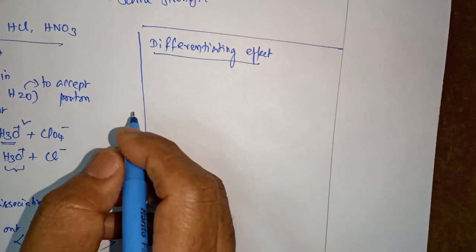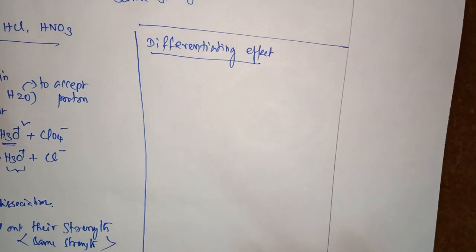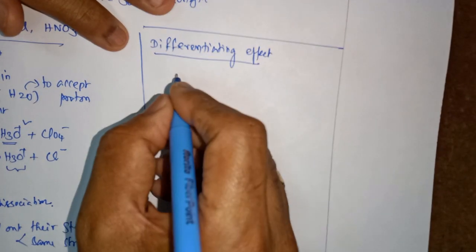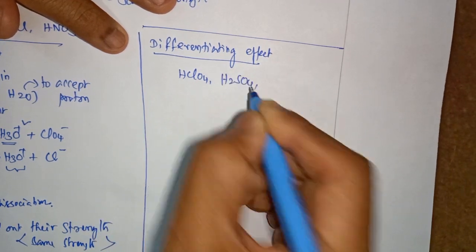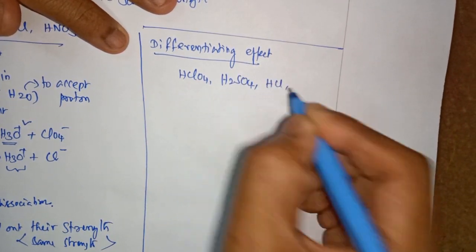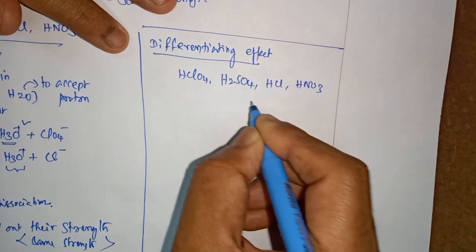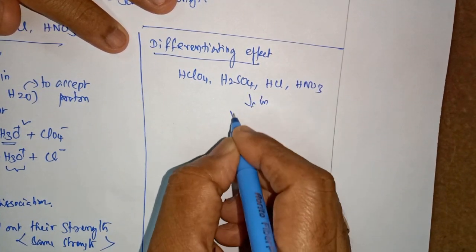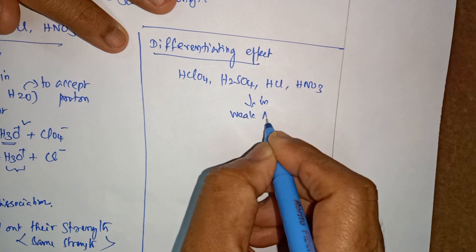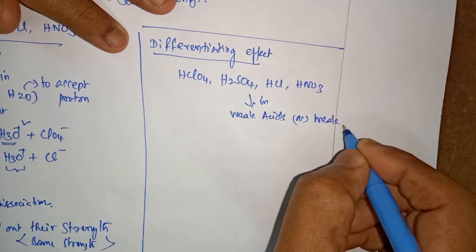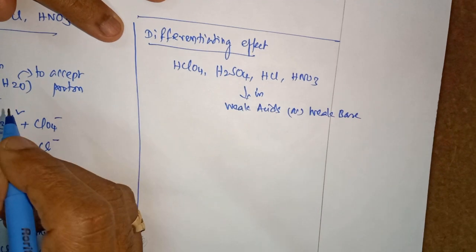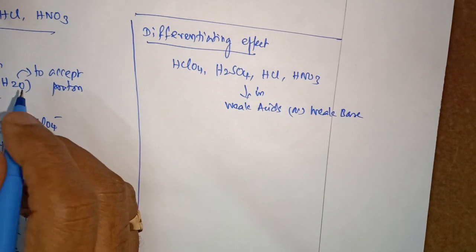What is called a differentiating effect? I take the same acids HClO4, H2SO4, HCl, HNO3, and I dissolve these in weak acids or weak bases.